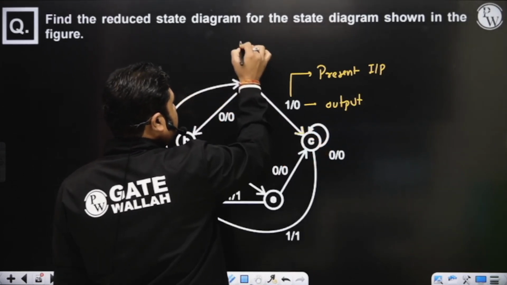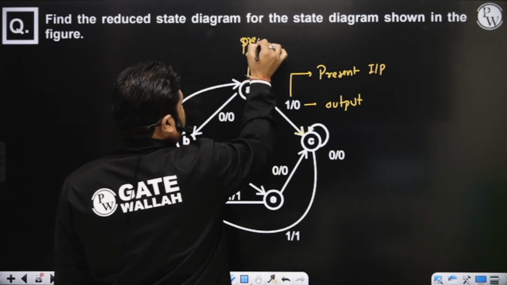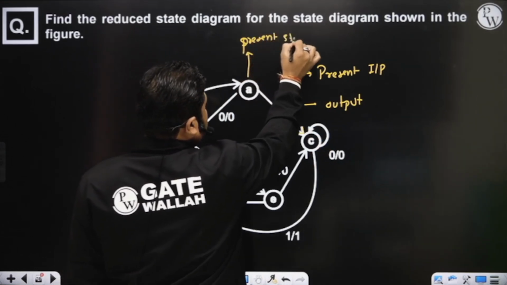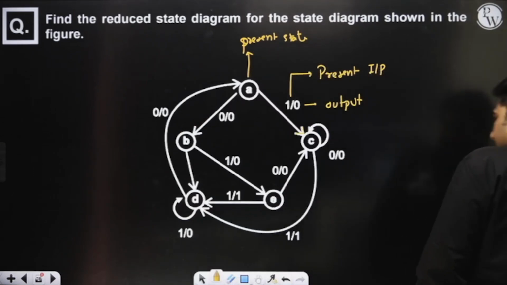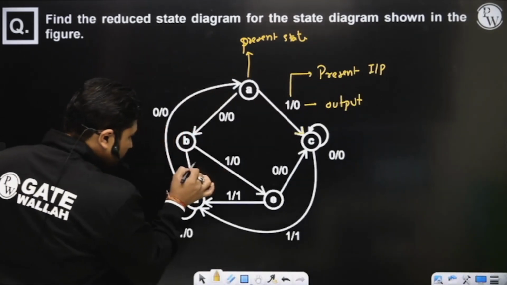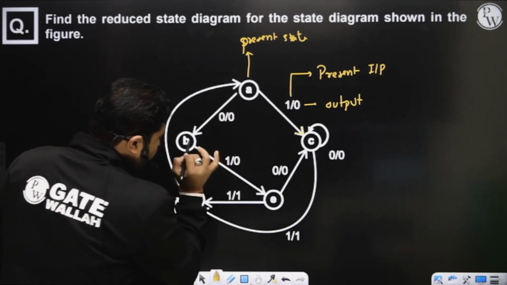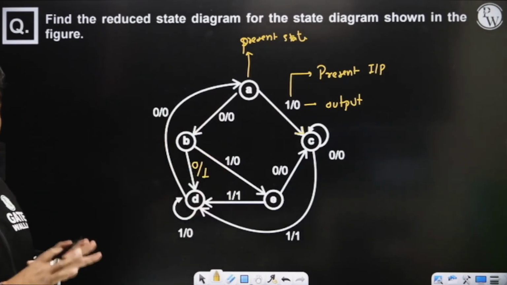One is missing: 0/1. This is missing here, so you can just put it here. Rest all things are same.